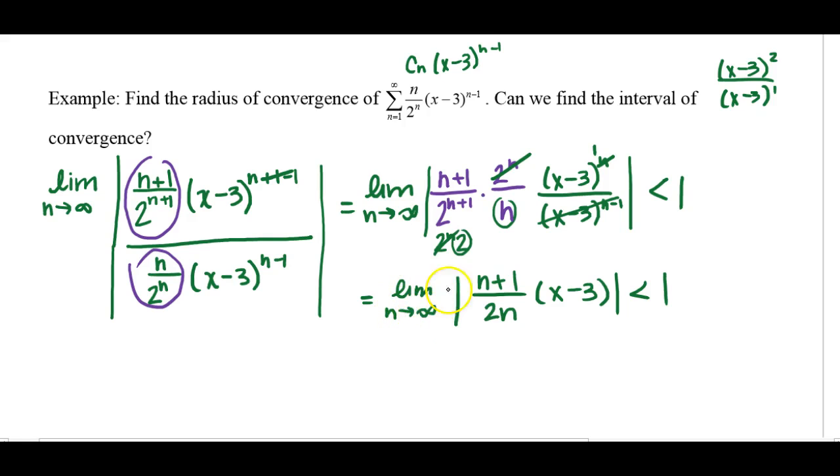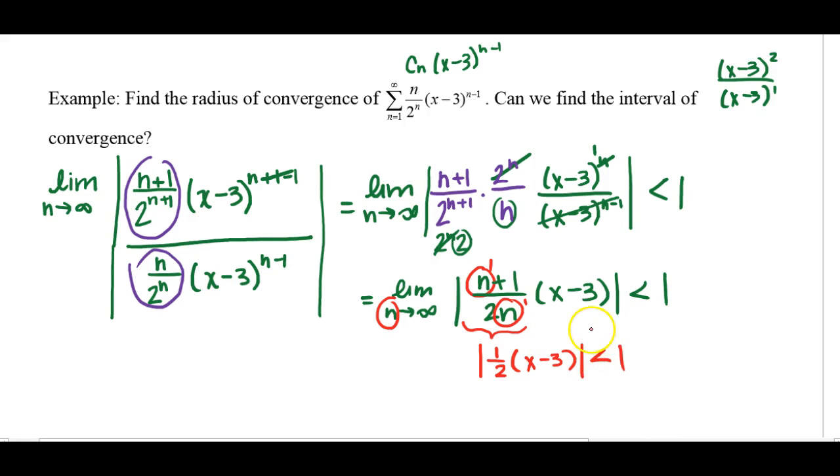As n approaches infinity, the only n's are here and here. So I'm taking the limit of this portion, because this has x's and is not affected at all by this limit. Since these degrees match, n plus 1 over 2n is going to become 1 over 2. Now we drop the limit because we've evaluated it. So I have 1 over 2 times the absolute value of x minus 3 is less than 1.